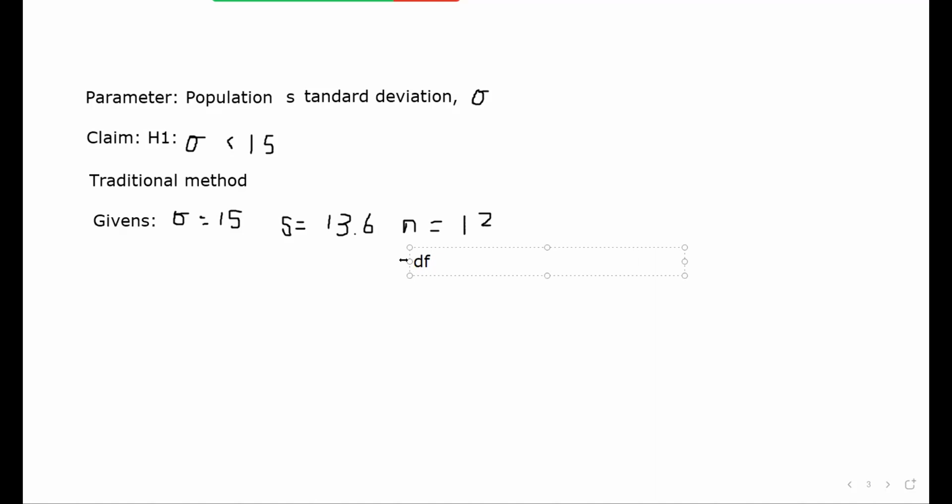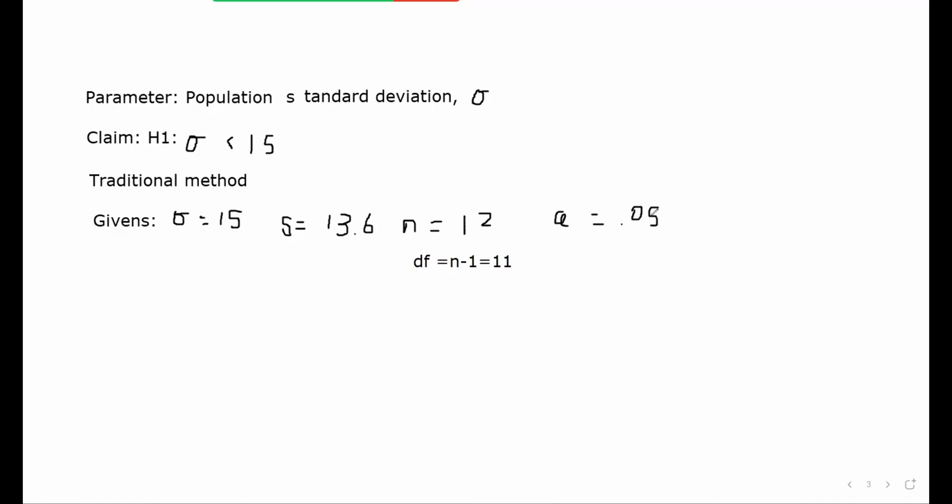DF is N minus 1, which is 12. Sorry, 11. And your alpha is 0.05, and we're ready to go. So we don't have nearly as many givens. We don't have as many unknowns in these type of problems usually that trip us up. So we're there.